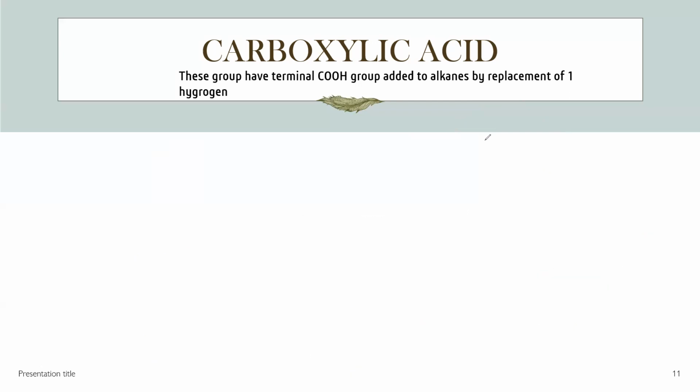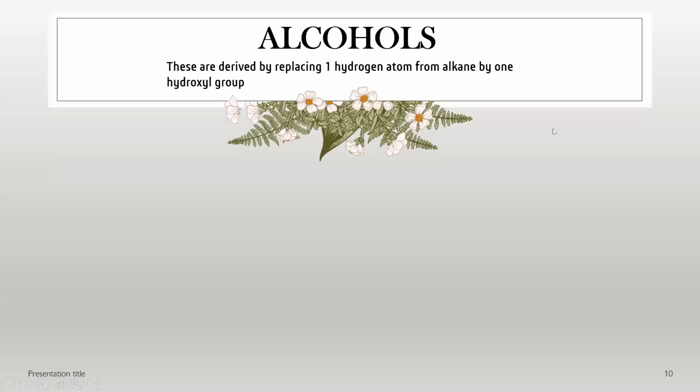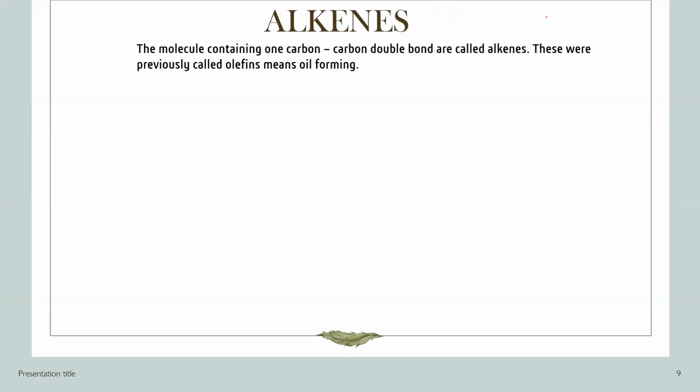Okay, before moving to the question, I need to tell you one thing. As we discussed alkenes, we forgot to discuss the general formula of alkenes. What is the general formula? The general formula of alkene is CnH2n.